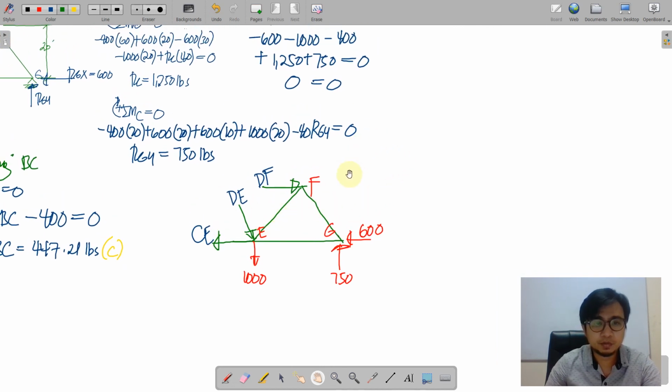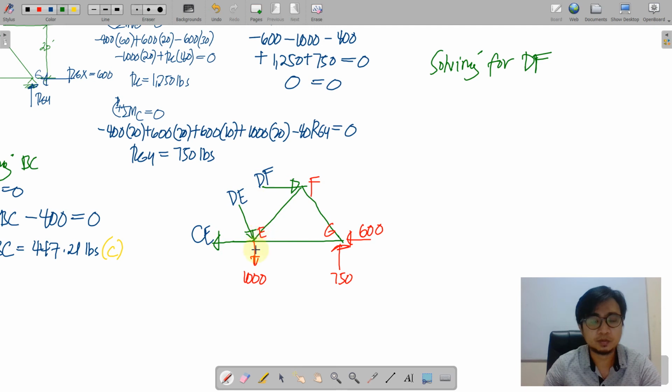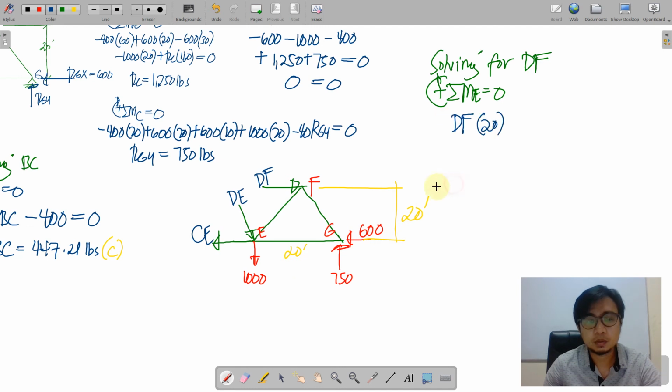So solving for DF, we just need to intersect DE and CE at point E. Therefore we are going to take moments at point E. We note here the distances. This is 20 feet and this is also 20 feet. So this is a clockwise DF times 20, less 750, this reaction, times moment arm of 20.